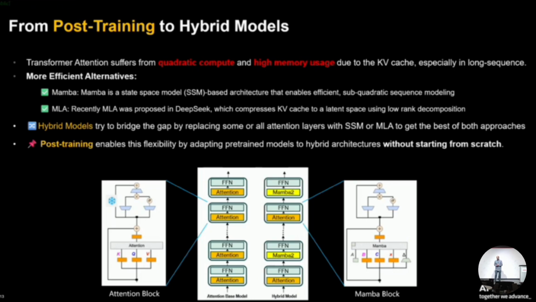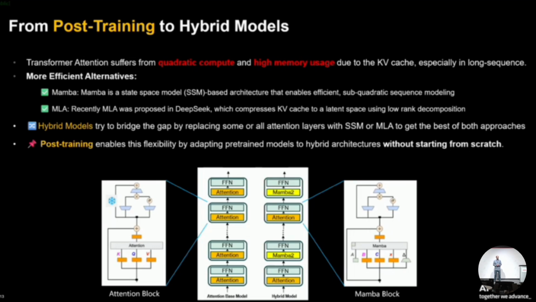But then the question is, if we change the architecture from attention to hybrid, we have to pre-train the model from scratch. And what we want is to avoid such a huge cost or expense of pre-training.